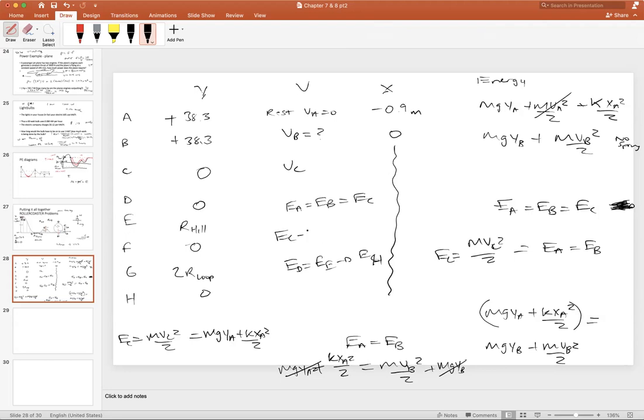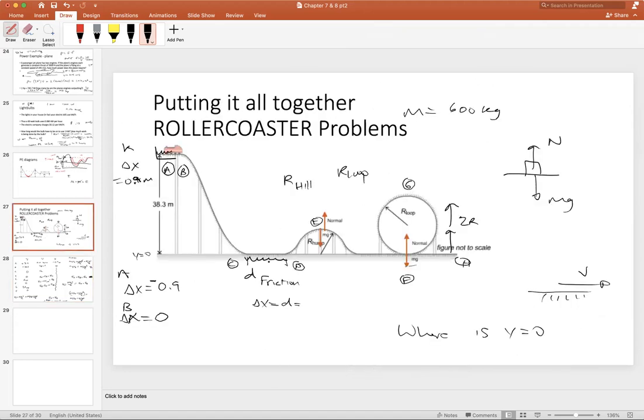And then EC minus the work of friction from C to D is equal to ED, or ED plus the work of friction is equal to EC, whichever way you want to do it. The point being here that the energy is going to change just like before. It's going to lose some of its total energy going from C to D because of the friction. It's going to take energy out of the problem.